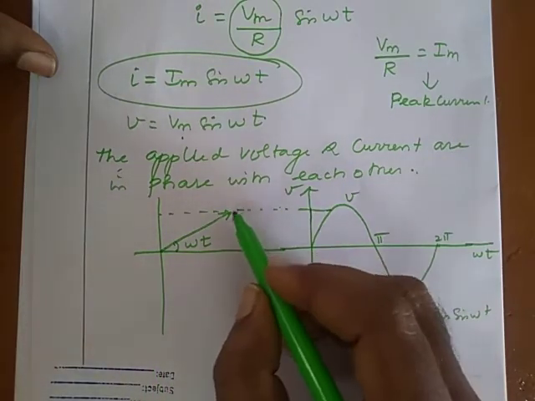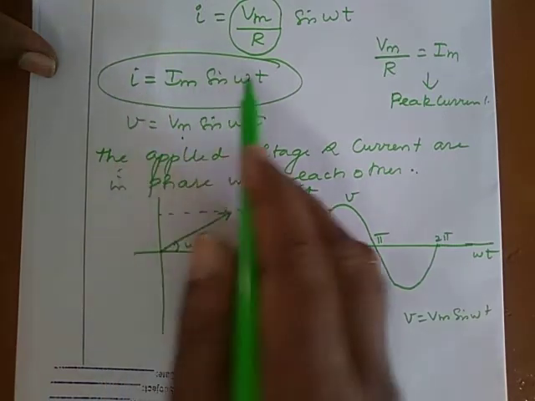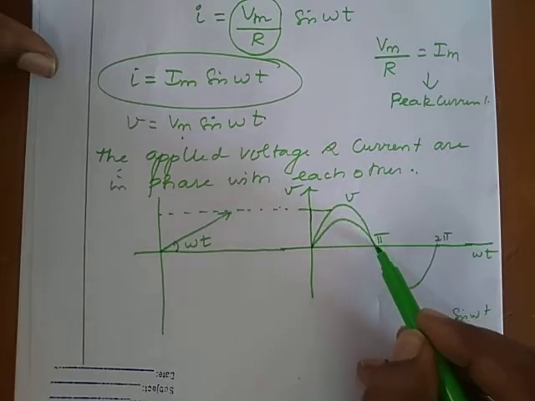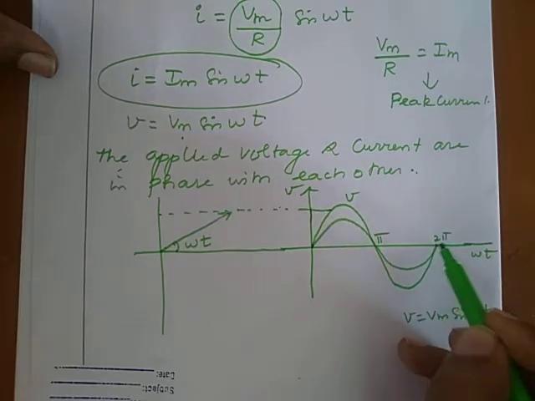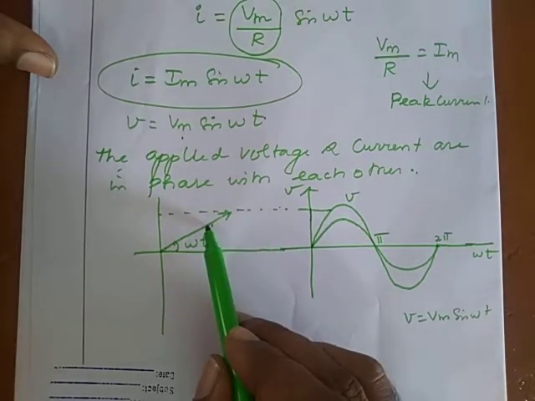Then we know I is equal to Im sin omega t. We can draw like this because they are in the same phase. So I consider this point.